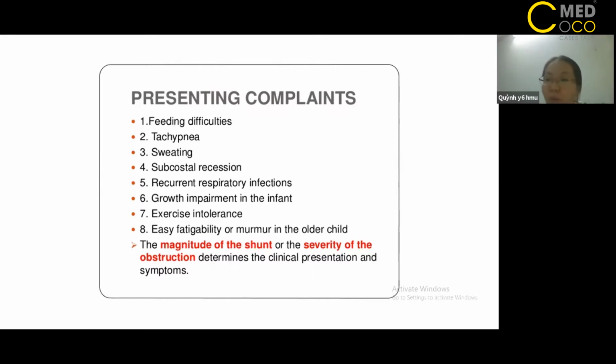So it's very important to know how to hear the heart sound and how to know the abnormal in the heart sound.